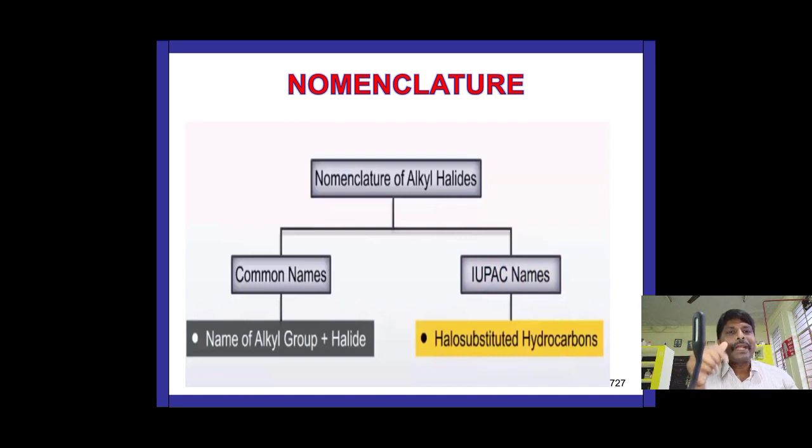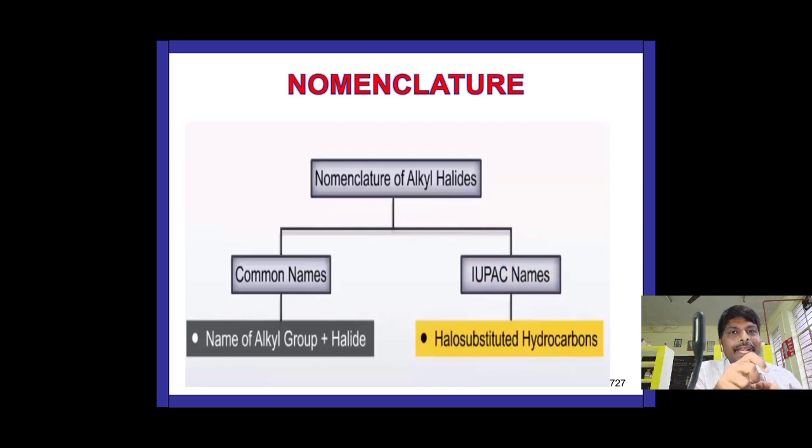For example, methyl chloride, ethyl bromide, propyl iodide: alkyl group name plus halide name. That is the general trend in common names.